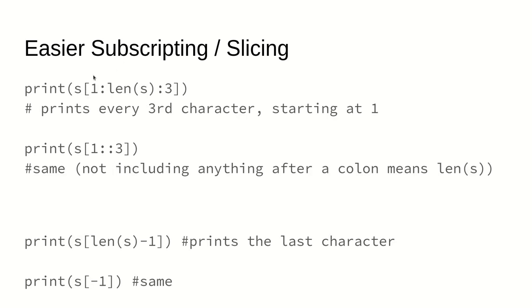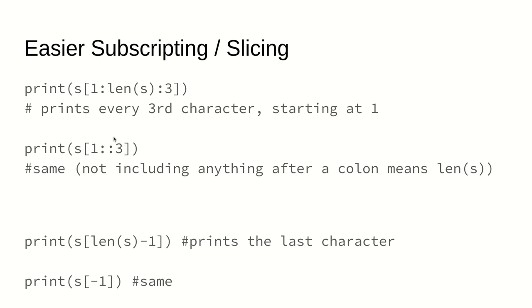This one will go all the way out to the length of the string. So it will get every third character, starting at index 1 and ending at the end of the string.